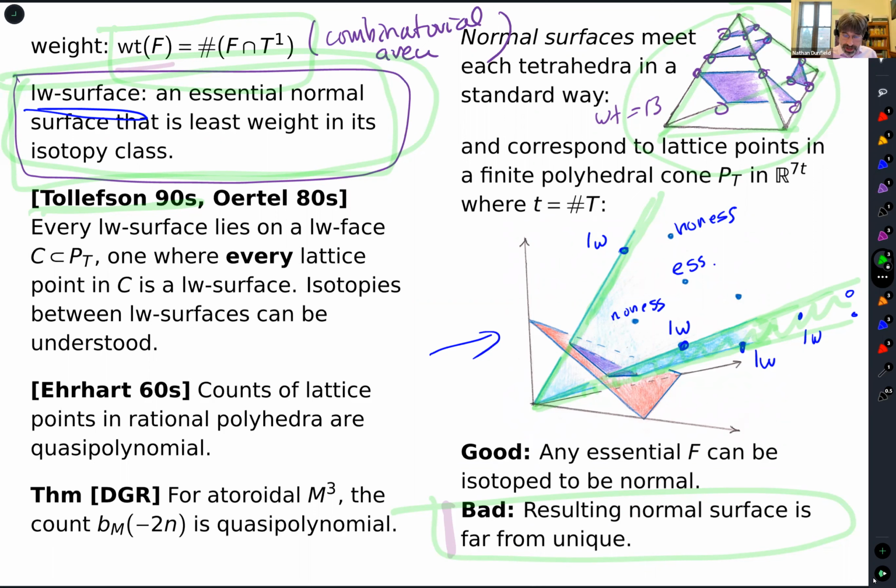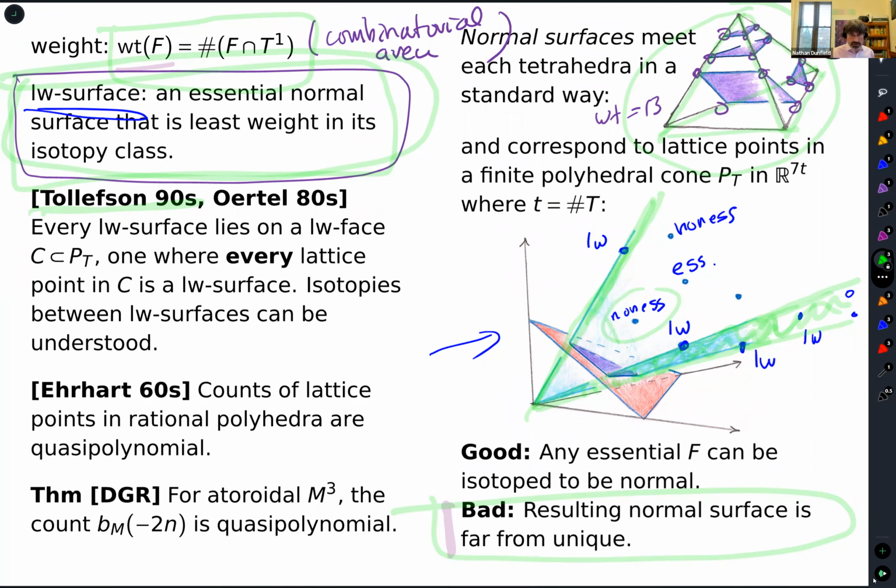So in my picture, given that we have a non-essential surface here, the main top-dimensional face of this cone isn't going to be a least weight face. So there will be no least weight surfaces in the interior of my cone. Conversely, on the two faces I've shaded, every surface in them is least weight.